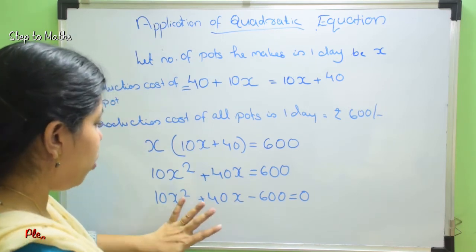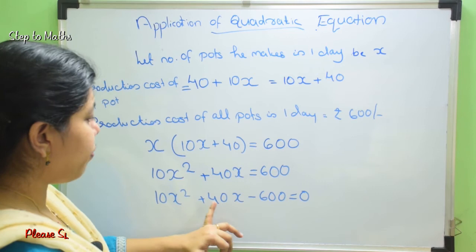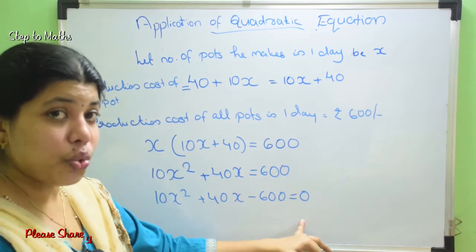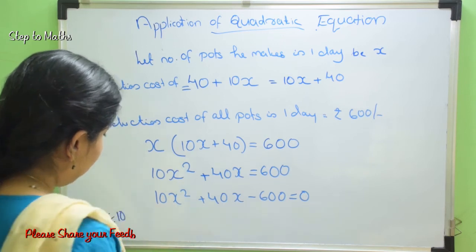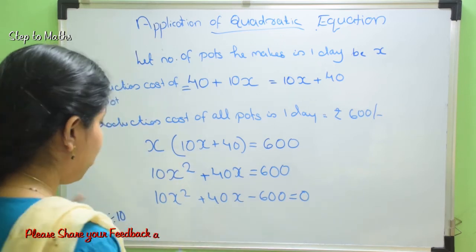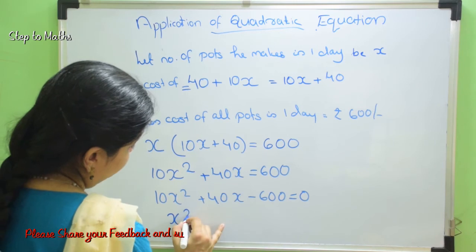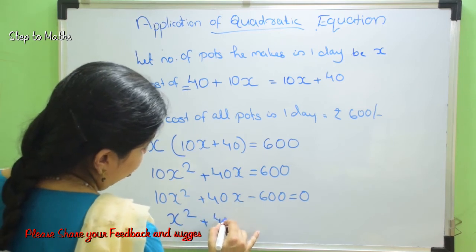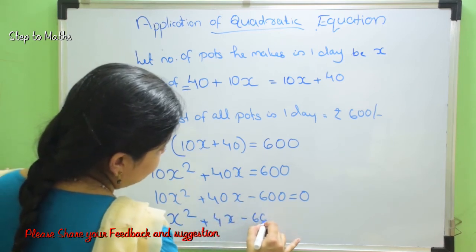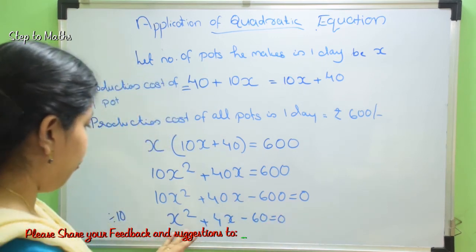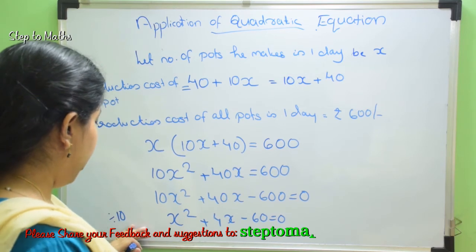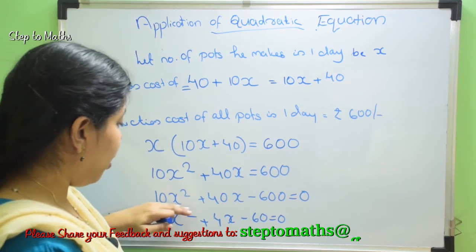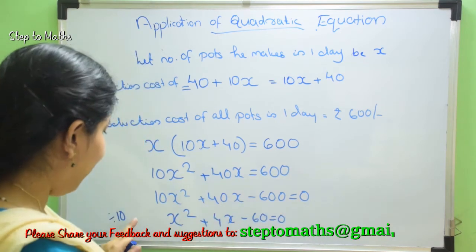Here we form the quadratic equation 10x square plus 40x minus 600 is equal to 0. We can simplify this equation again. If the equation is divided by 10, then this equation becomes x square plus 4x minus 60 is equal to 0. Here we divide this equation throughout by 10.